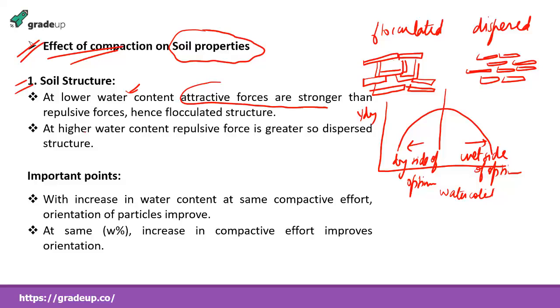Now we find that as the water content increases, that means we are moving on the wet side of optimum, we find that the structure changes into dispersed. Okay, that is orientation is improved. What does orientation mean? Orientation means actually the void is decreasing. And when you are moving to the dry side of optimum, we find that the structure becomes flocculated in nature.